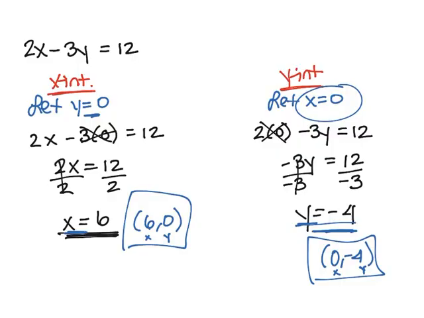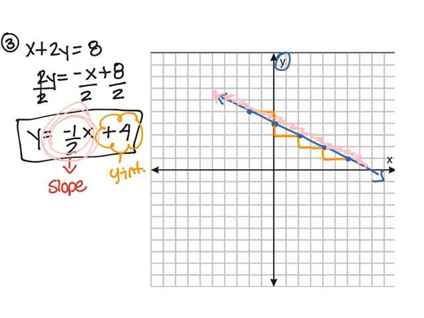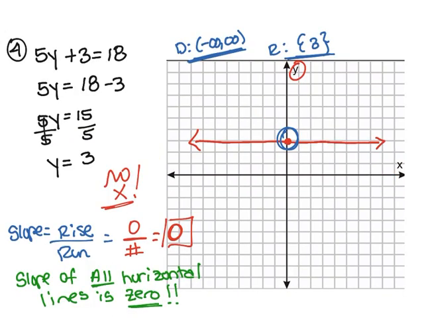Also, if you're looking to find the x-intercept and the y-intercept, just be mindful that you must allow the other variable to be 0. So when you're looking for intercepts, you're always plugging in 0 for the variable that you're not looking for. Slopes, if they're negative, keep in mind your line should be going downward. If they're positive slopes, they should be going upward.